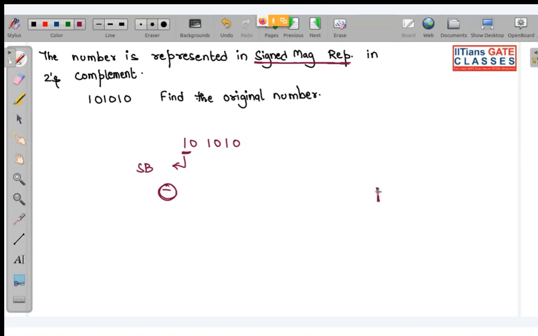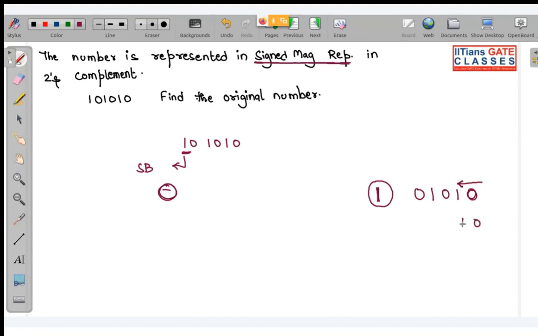So look over here. This is the sign bit, and I told you in sign magnitude representation, never disturb this sign bit. This is your magnitude bits. Now if I want to find 2's complement, start from the rightmost bit and go to the position where you encounter the first 1.